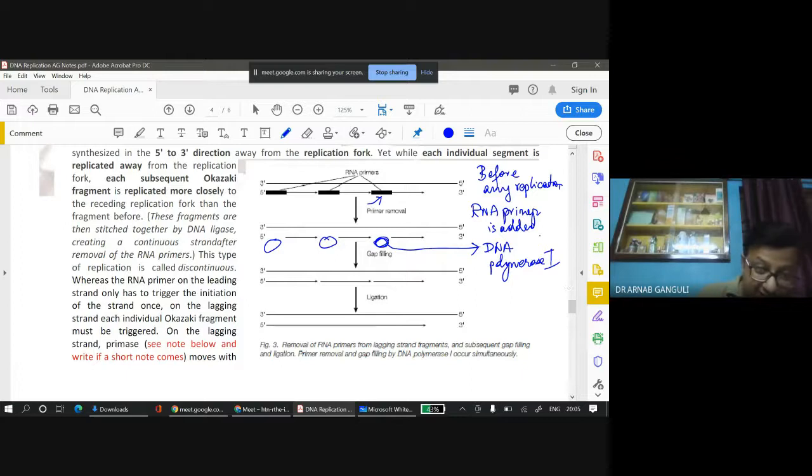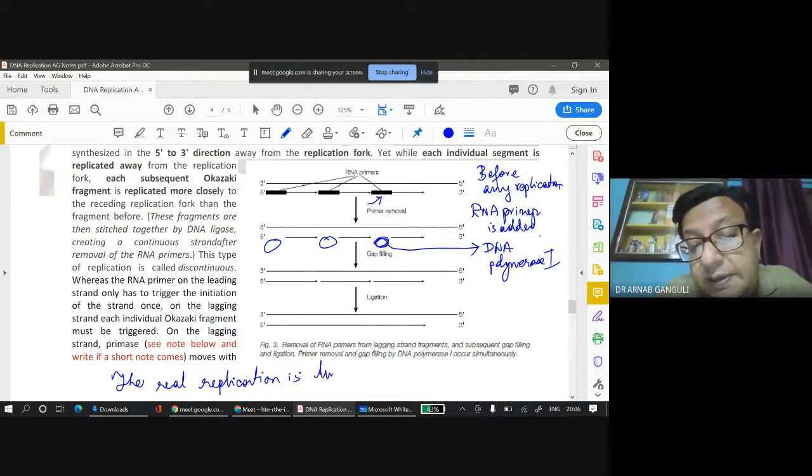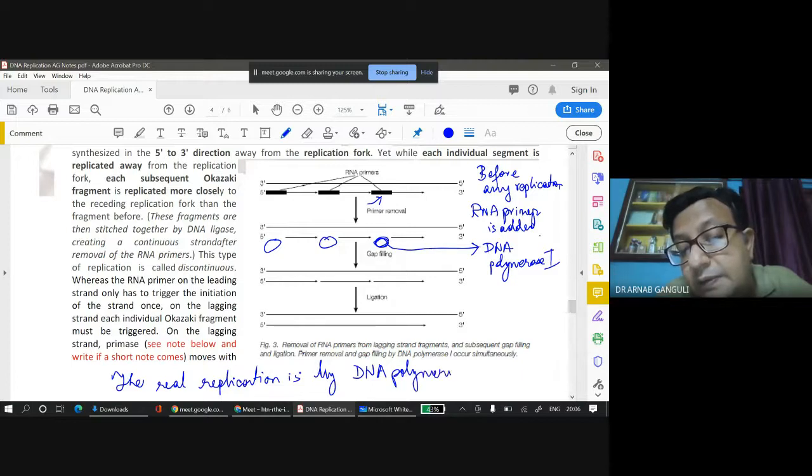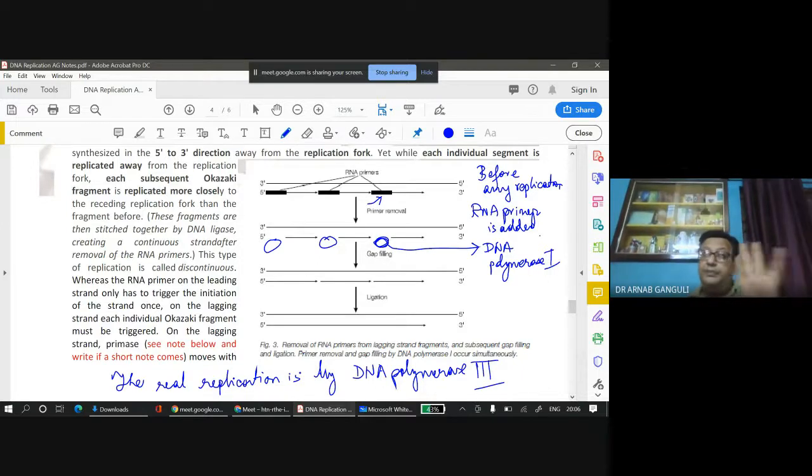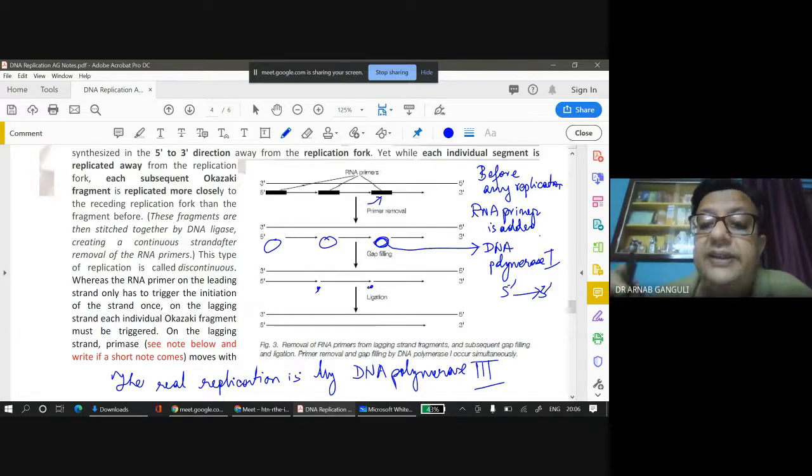The real replication is by DNA polymerase 3. একই জিনিস, DNA polymerase 1, what it also extends and fills the gap in the 5' to 3' direction. And after these gaps are filled, still the strands are separated and they are joined by the enzyme known as DNA ligase.